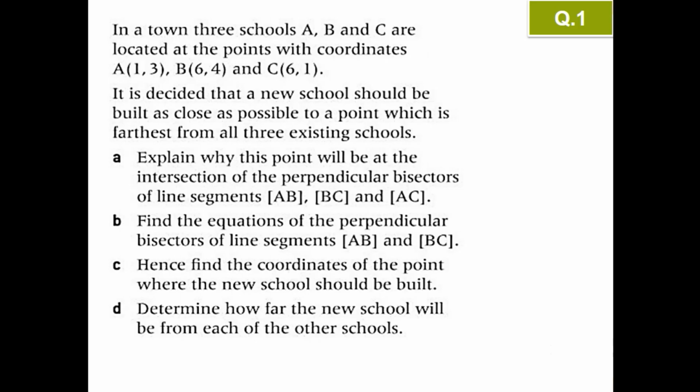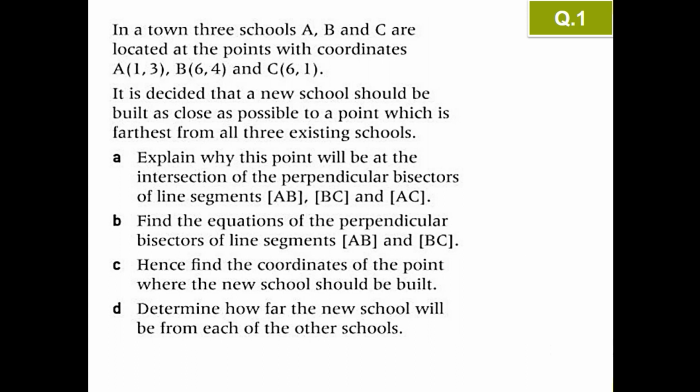Let's read the first question. In a town, 3 schools A, B and C are located at the points with coordinates A (1, 3), B (6, 4) and C (6, 1). It is decided that a new school should be built as close as possible to a point which is farthest from all 3 existing schools.